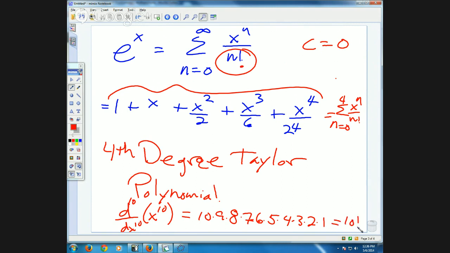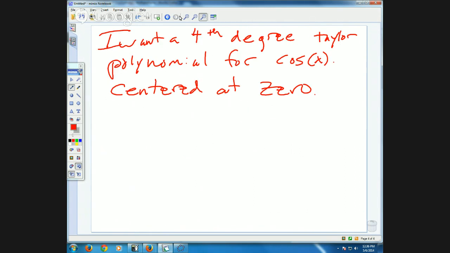Okay. So the shortcut for Taylor functions, because we did a little more work than we need to, in the future, is that the coefficients, the a sub n's, are always going to be the nth derivative of the function evaluated at the center divided by n factorial.